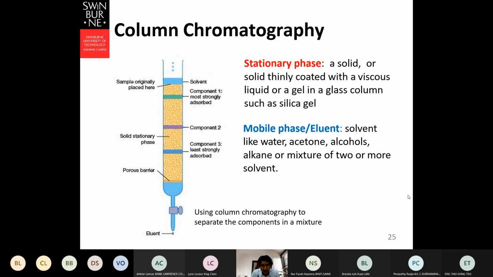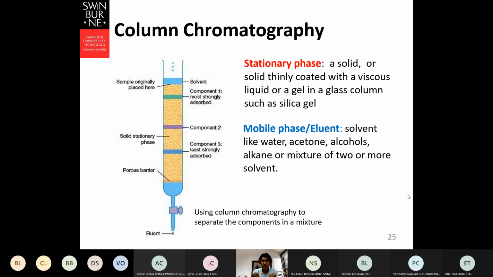Okay, so the stationary phase is a solid, or a solid thing with a viscous liquid or gel in a glass column, such as silica gel. And the silica gel that we have seen, right? Do you know the desiccator, the glass bowl where we dry the samples out, put the samples there so they become dry?